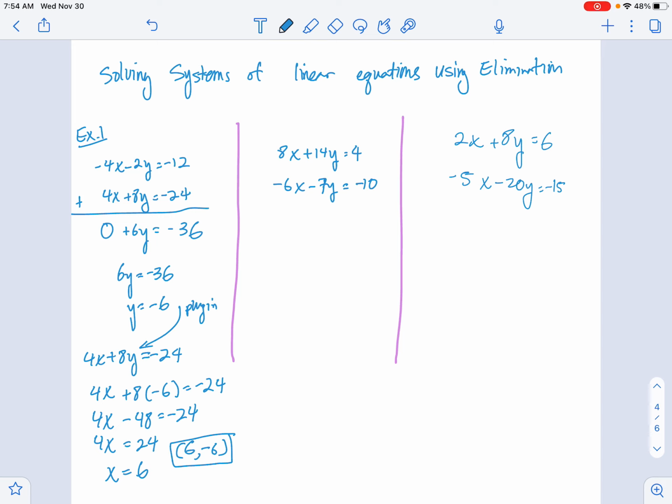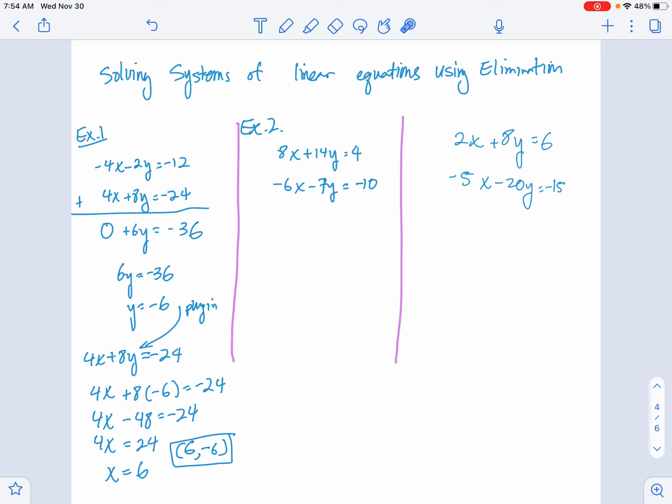Okay, so for this next one, I want to make sure that I have a variable to eliminate. Right now, I'm checking myself that I can't do substitution because it's really hard for me to isolate any variable here.